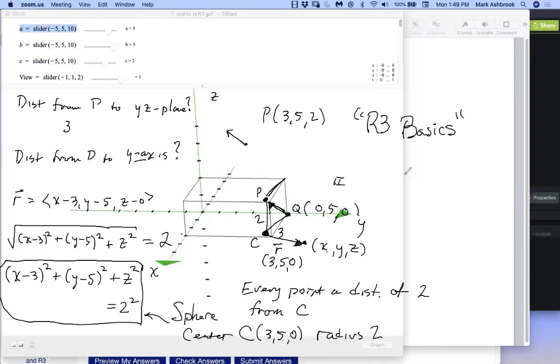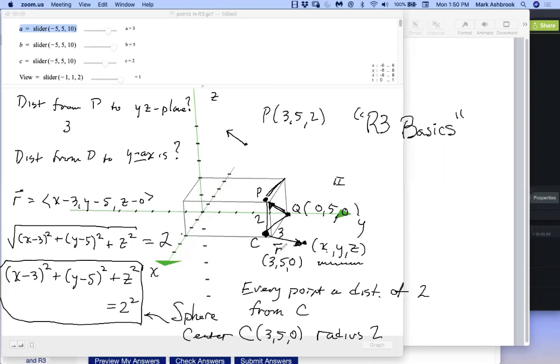Hey, Professor, how do spheres factor into this? Based on the problem I introduced, the solution ended up being a sphere. The situation was all points the same distance away from this point C. I called all those points X, Y, Z, and we forced the distance from X, Y, Z to C to be 2, by making a vector and taking the magnitude of that vector and forcing it to be 2.